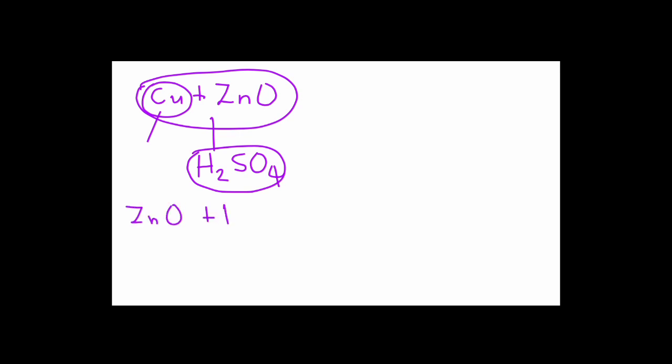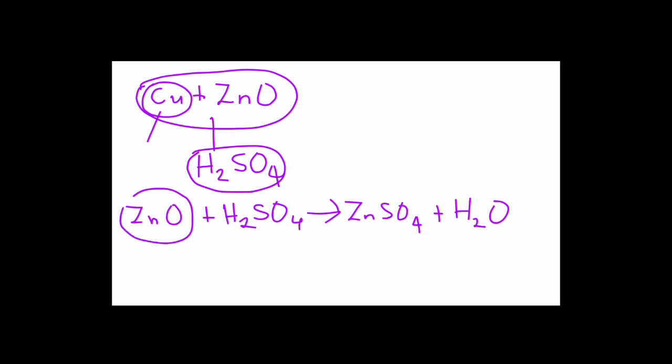plus sulfuric acid to form zinc sulfate plus water. Remember, we are not going to extract copper from this substance, as we will be reacting it with the sulfuric acid. The copper is also going to be there, so copper is going to remain unreacted.